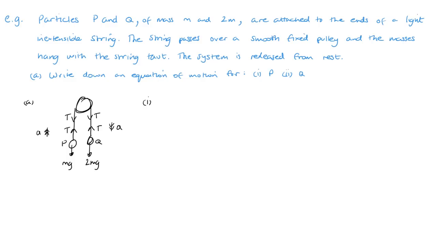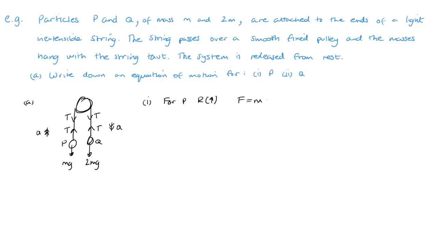So part one is write down an equation of motion for P. So for P, now we're going to resolve vertically, and we're going to resolve pointing up because that's the direction it's going.